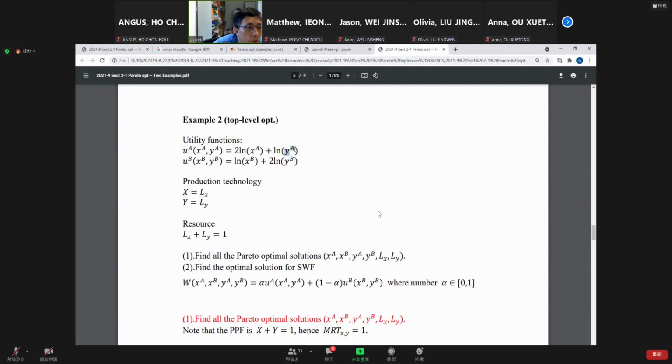What does that mean? That means you suffer. Your utility or your welfare is a very, very small number. This is negative infinity, where A is very, very small, almost 0. So that means your welfare is terrible. It's very, very low. It's not a good thing to do.